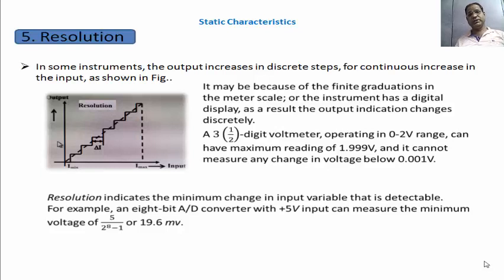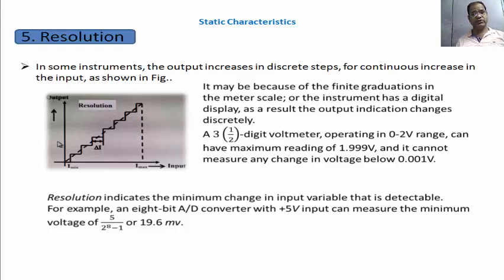In some instruments, the output increases in discrete steps for continuously increasing input, because there is no linearity in the output. Though you are giving continuous input, the output does not increase in a linear way, it increases in terms of steps.